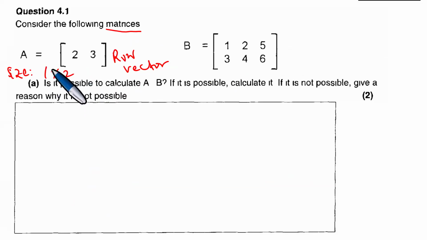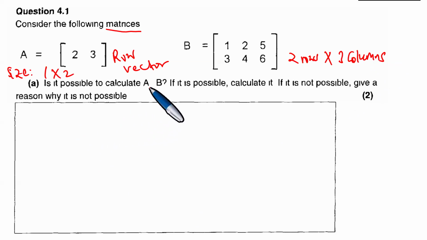There's 1 row and 2 columns. This one is 2 rows by 3 columns.